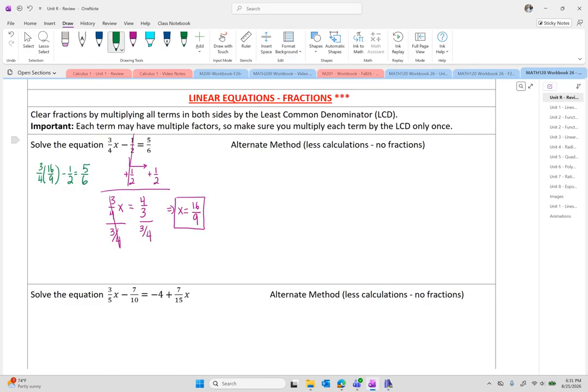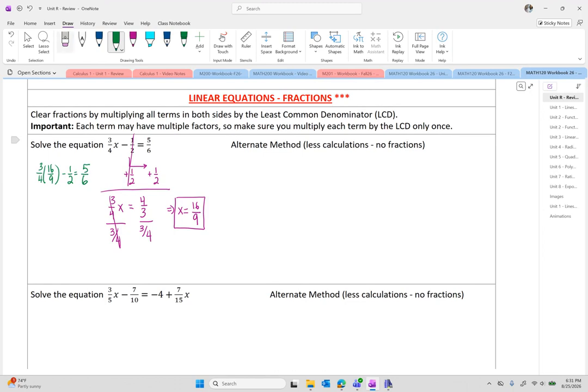Now, however, most of the time I don't have a calculator handy and I don't want to do fraction operations by hand. So what I want to do is eliminate the denominators so that I can work with whole numbers. To eliminate denominators, you want to multiply both sides by the least common denominator.